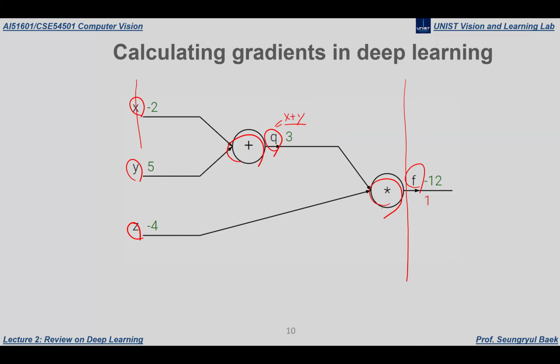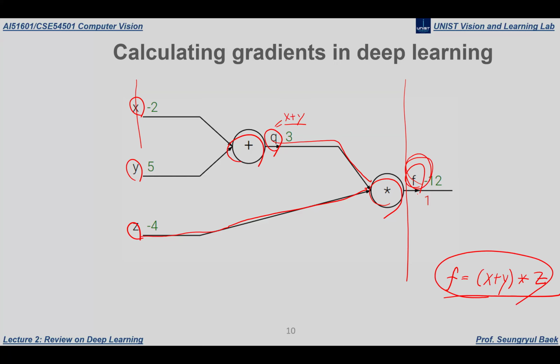And also here, the operator multiplication is combining Q and Z, okay? So F you can interpret as this. This is the forward rule of this deep learning layer, okay? And I will show how we can calculate the differentiation of the final layer with respect to each node, okay?